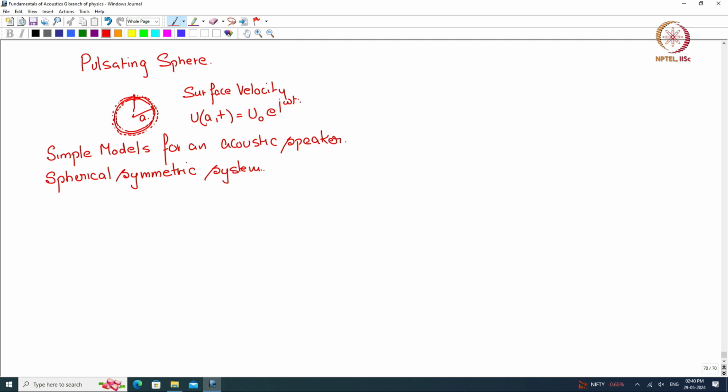And therefore, we can assume the pressure. So, we are looking at external radiation. We are looking at radiation exterior to the sphere.